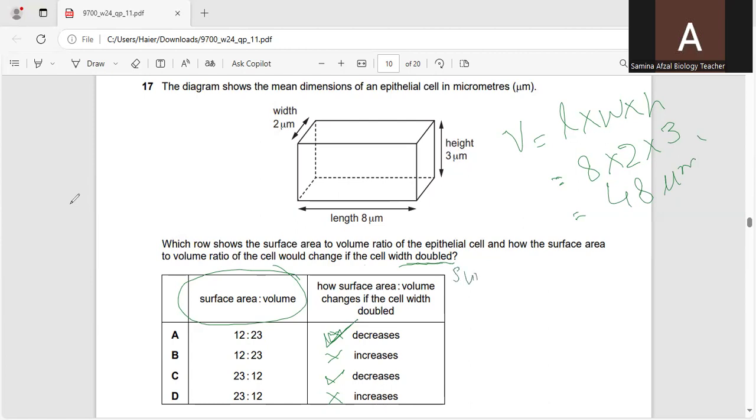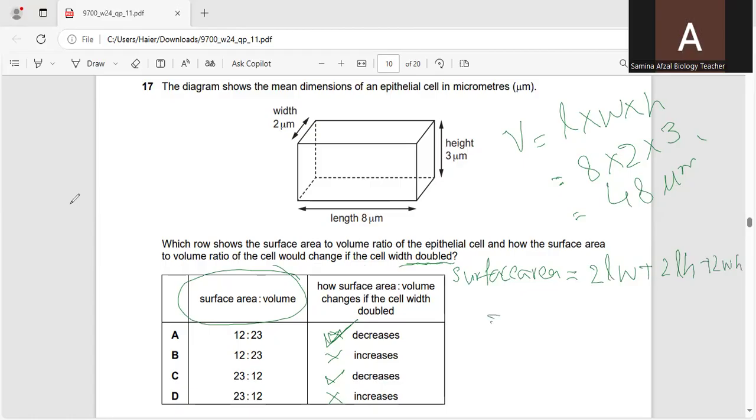The formula for surface area is equal to 2 width and length plus 2 length and height plus 2 width and height.